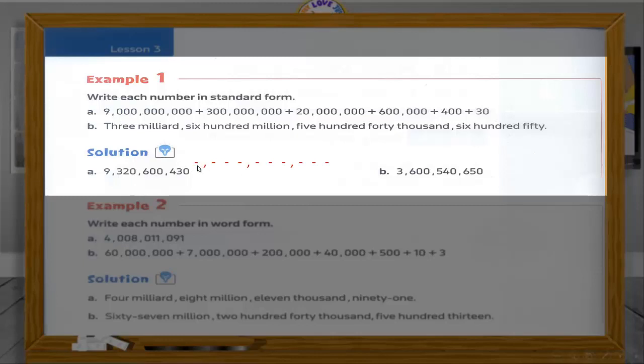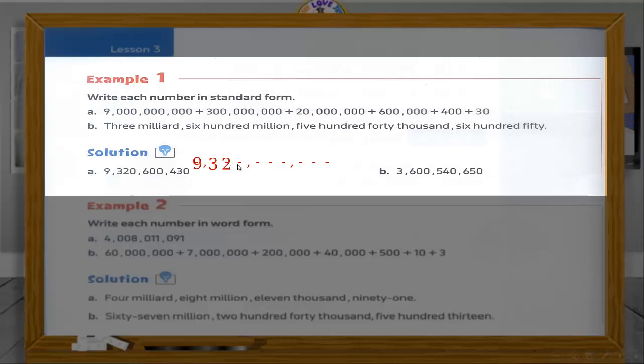And for the biggest or highest period, we write 9 in the milliard place. Write 9 and go to the next number. We have 3 million, which means 300 million. You should write 3 in the hundred millions place. Next one, 20 million, write 2 in the 10 millions place.